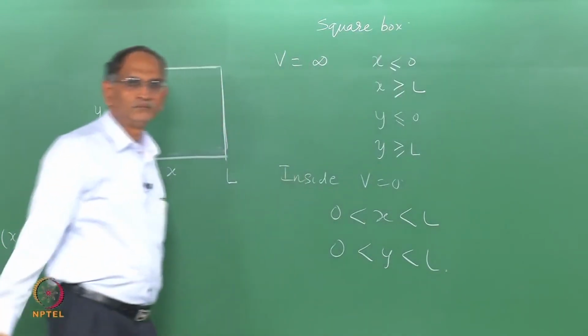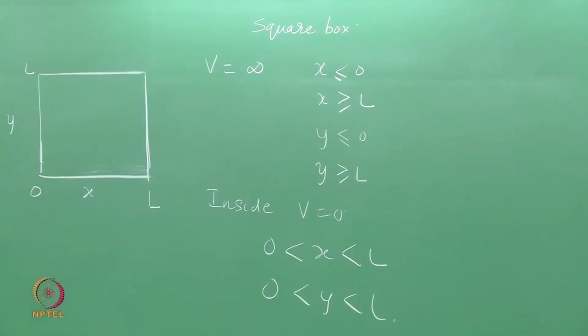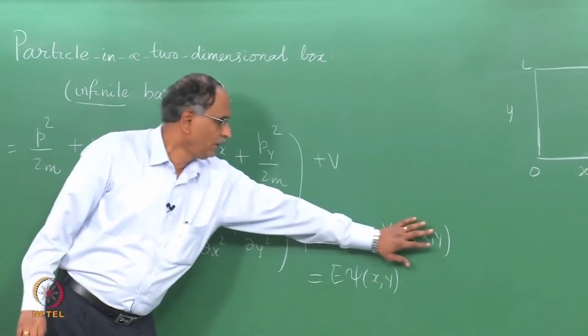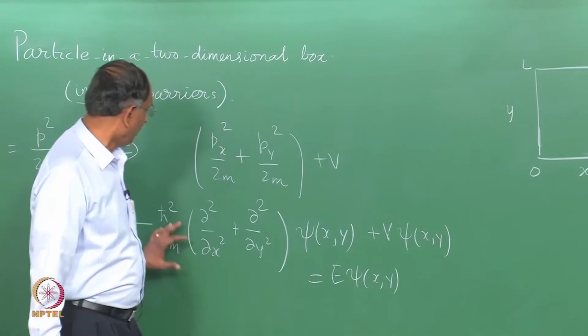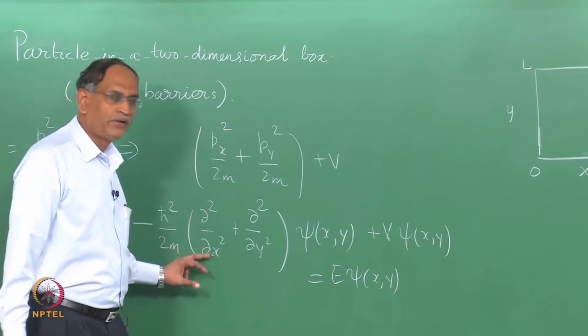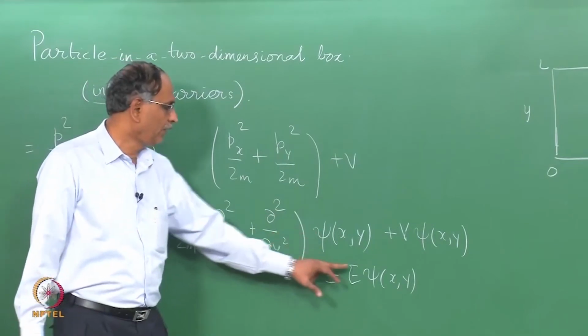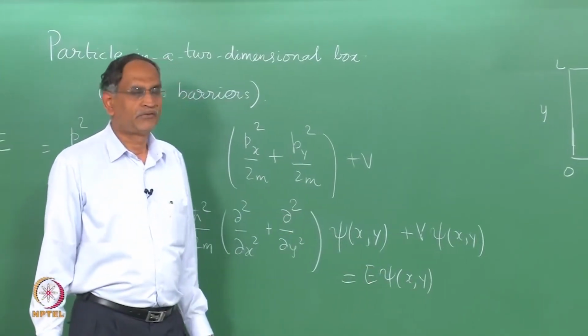If we do that, obviously the differential equation simplifies without this term, and you have a derivative square in one direction, a derivative square in another direction, and then you have the psi of x y.